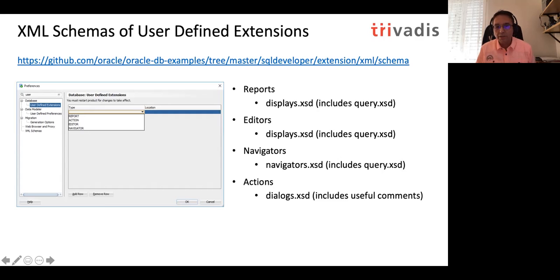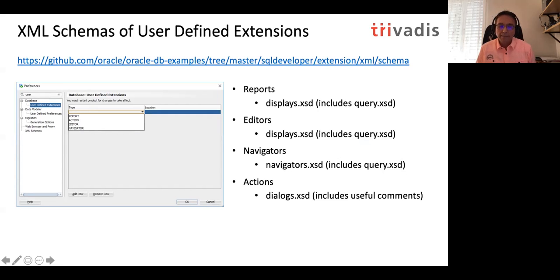You have reports and editors, and you see they are based on display XSD, and it includes a query XSD. This is absolutely the same for reports and editors. They are quite similar, and therefore I will spend some time explaining reports.